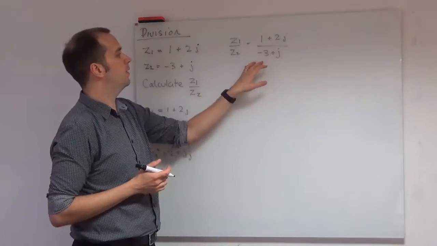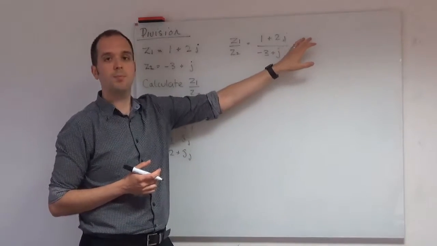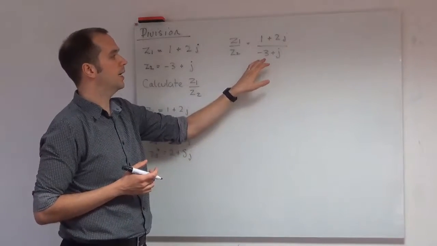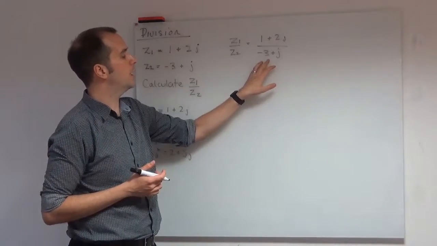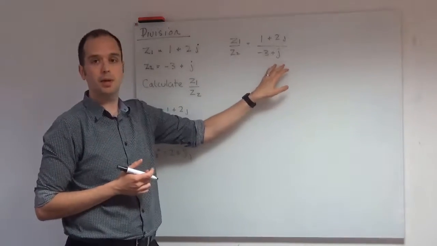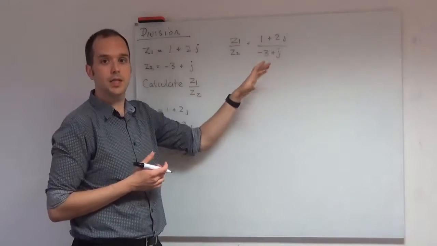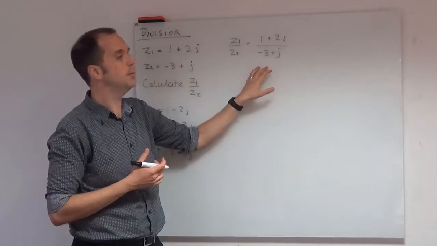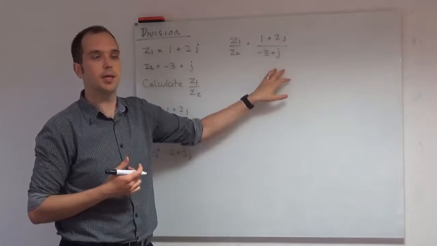To actually perform the division of z1 over z2, I need to multiply top and bottom by the complex conjugate of the denominator. So let's have a look at our denominator. We've got minus 3 plus j. Its complex conjugate just requires us to change the sign in front of the imaginary term, so instead of plus j, I'm going to have minus j.